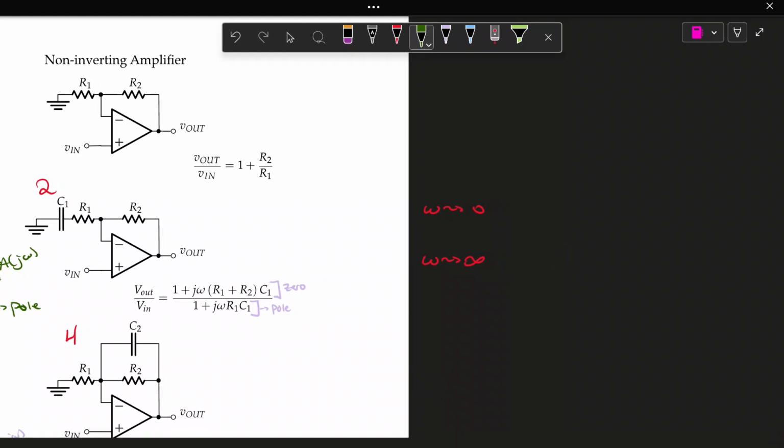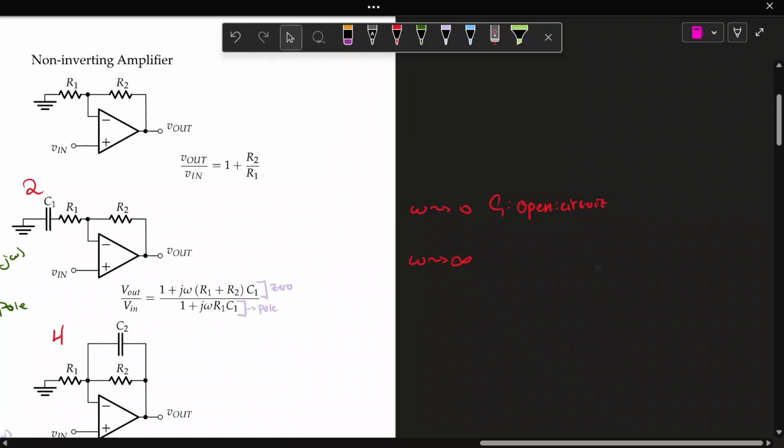So how does our transfer function change when omega approaches 0? Well, let's first look at our op-amp schematic. When omega approaches 0, C1 will become what? An open circuit. So what do we know then?